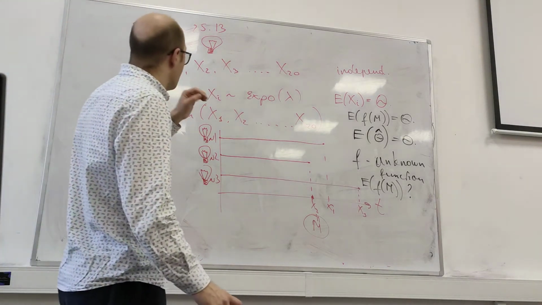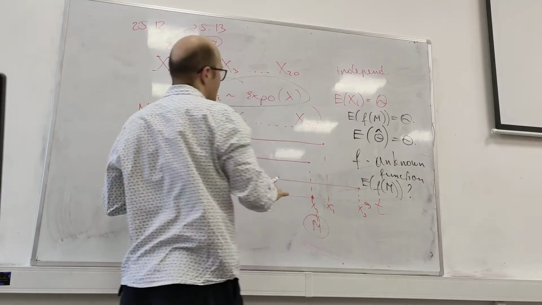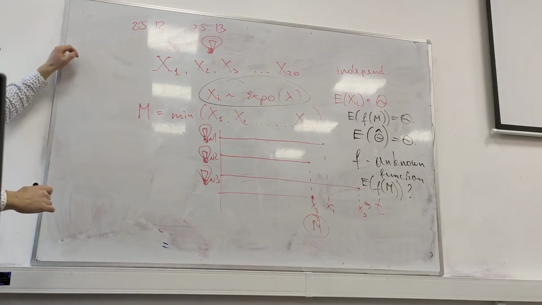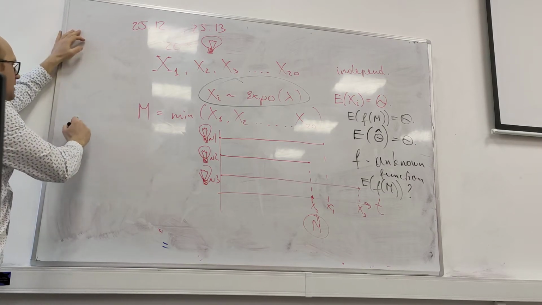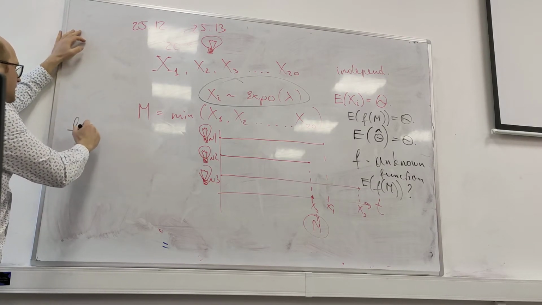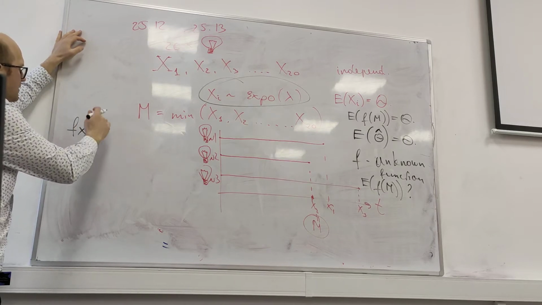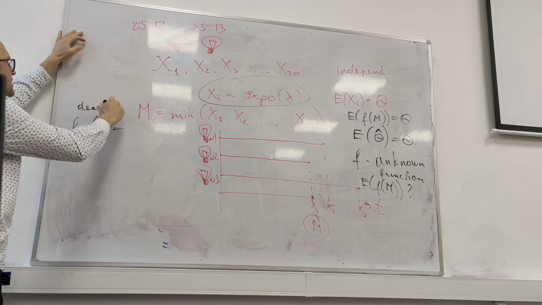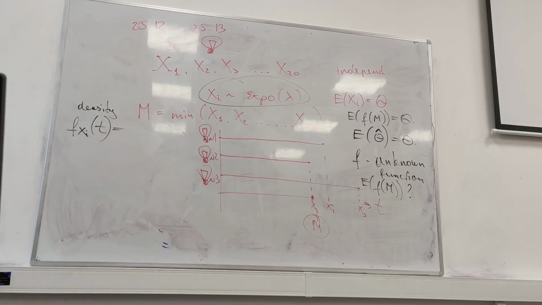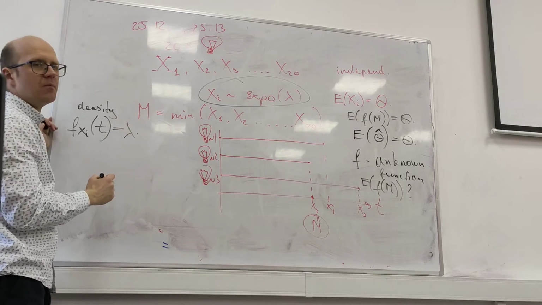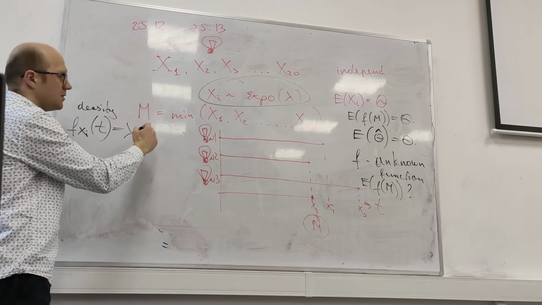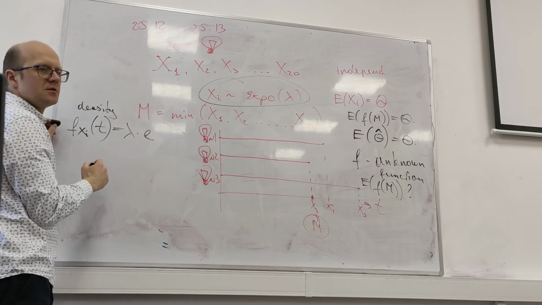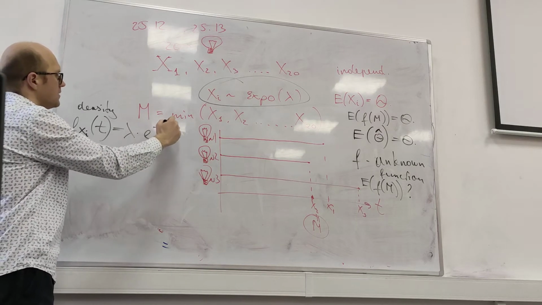First, what do I know about the exponential distribution? Let's recall some basic facts. What is the density f of xi at, let's say, t? Who remembers the probability density function of the exponential distribution? It's lambda times e to the power minus lambda t.